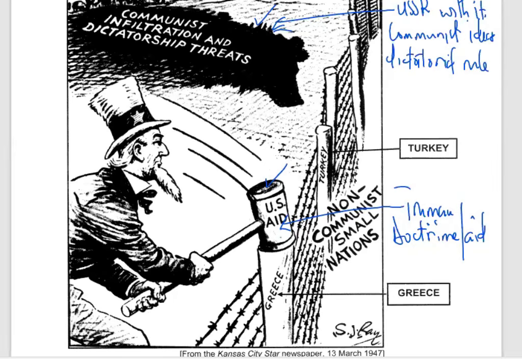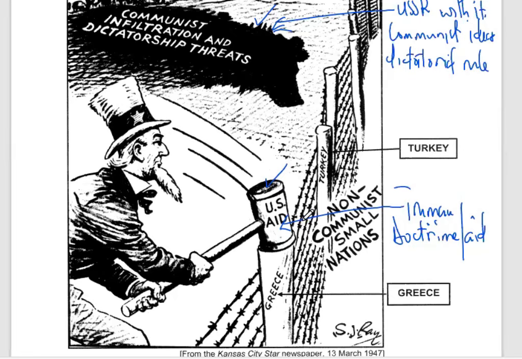So the Truman doctrine was reinforcing aid on Greece and Turkey to resist invasion by communist rule, which was coming in the form of the wolf, portraying the USSR and its communist ideology.